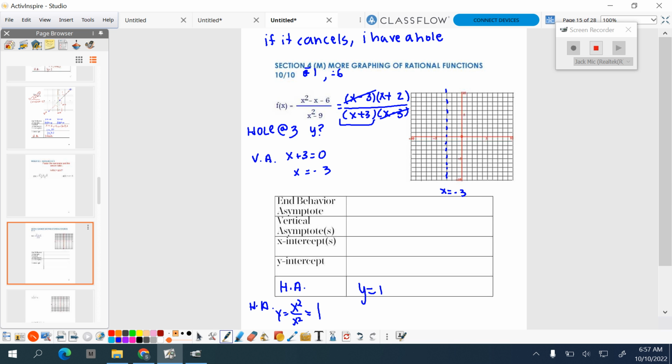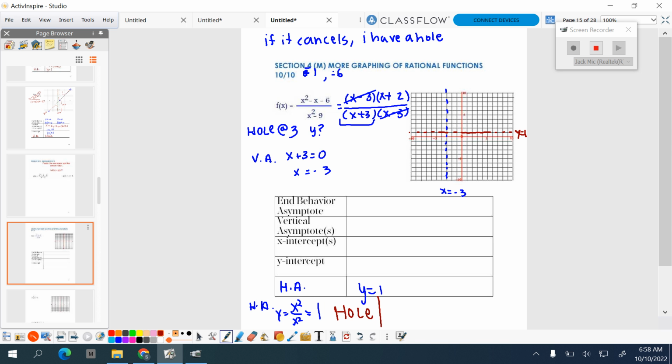I'm going to make my other asymptote at y equals 1. Okay, and because right now we're experimenting, we're going to focus on this hole. I'm going to put a little notation here, hole.